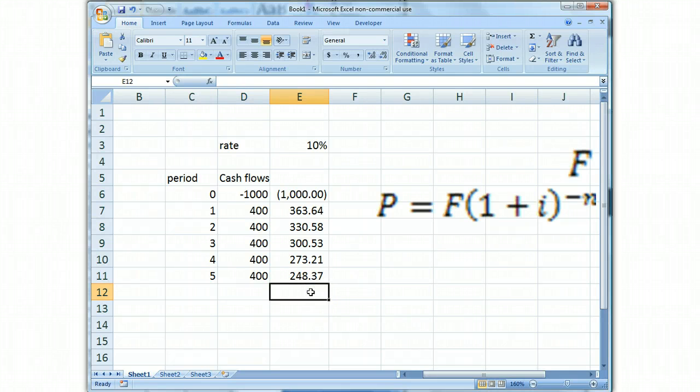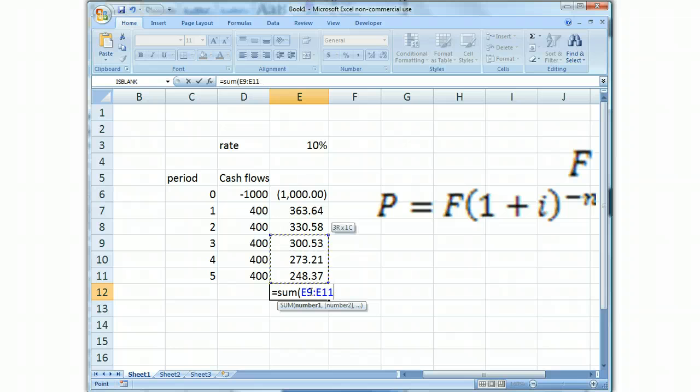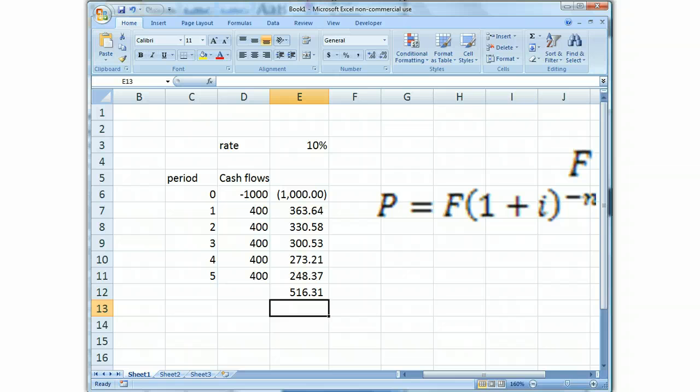So we can compute here the total, and the value of this project is $516.31. So in this way we can compute the present value of all these cash flows put together.